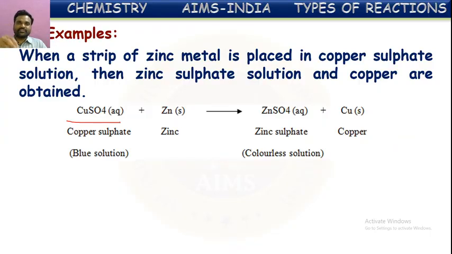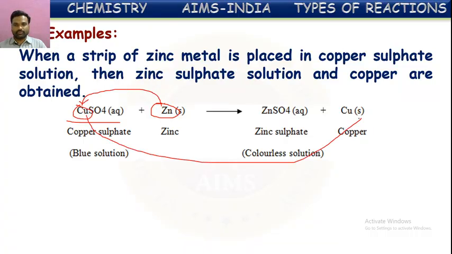When a zinc piece or some pieces of zinc are dropped into this copper sulfate solution, zinc, being more reactive than copper, will displace copper from its compound. Copper will come out. So zinc takes the place of copper and zinc sulfate is formed, which is a colorless solution. A brown colored precipitate will be formed because of the formation of copper.